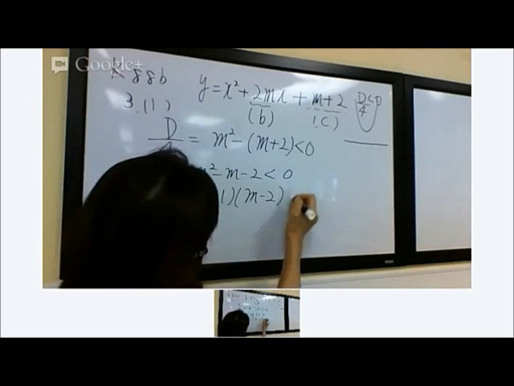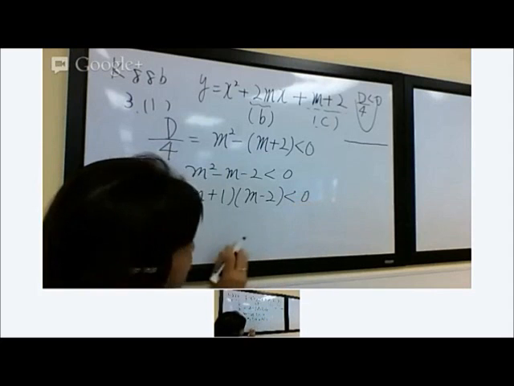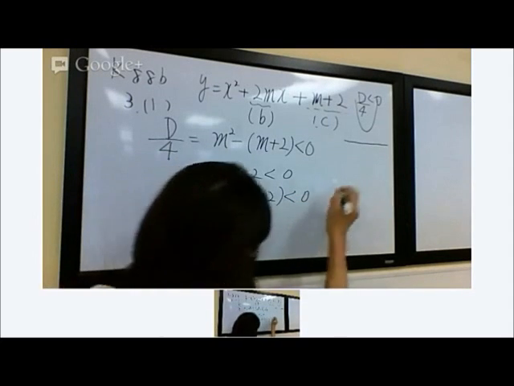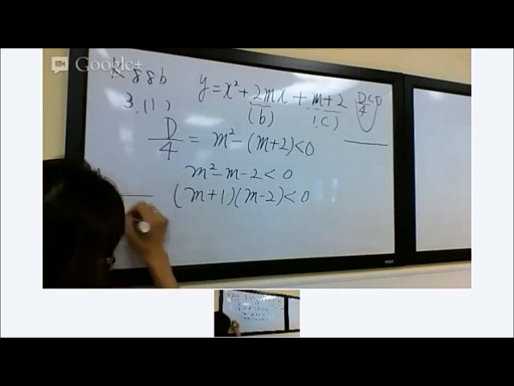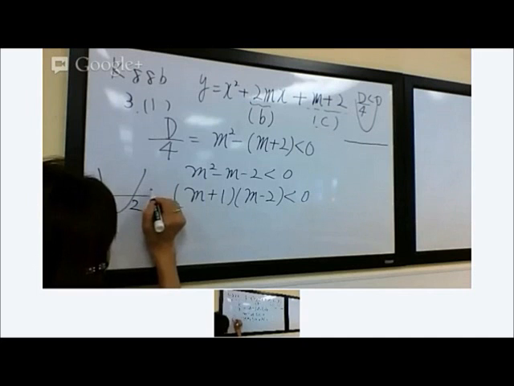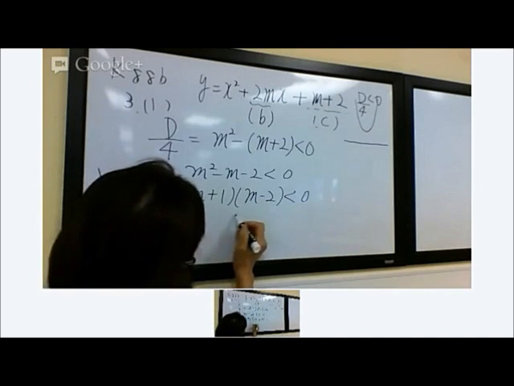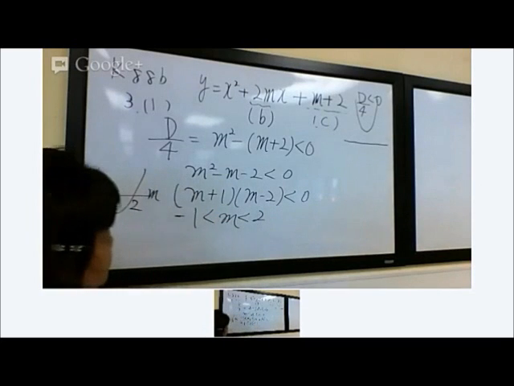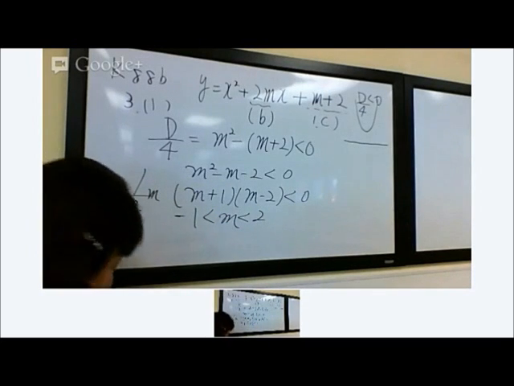Anything less than 0, right? So negative 1 is less than m, less than 2. This is the m axis here. So m is between negative 1 and 2. I got it. This is number 1.